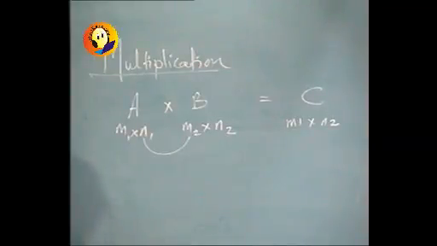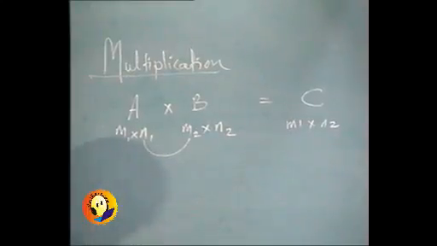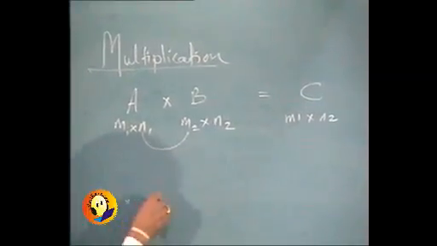Right? Can you just tell me how many multiplications are done in this particular process? It is a single matrix multiplication, but how many values get multiplied? One, two, three, four.